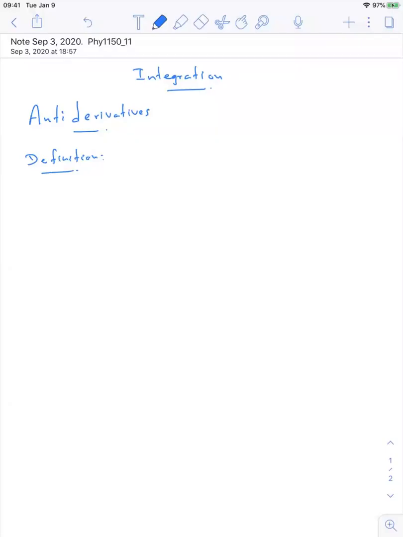The definition of the antiderivative: a function capital F is called an antiderivative of a function small f if the following condition is satisfied.